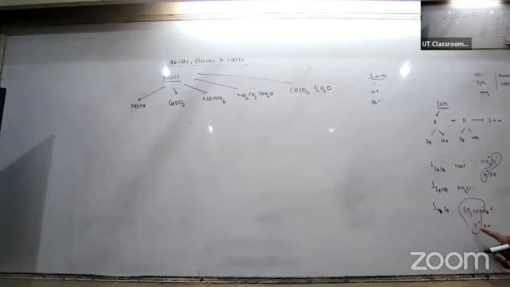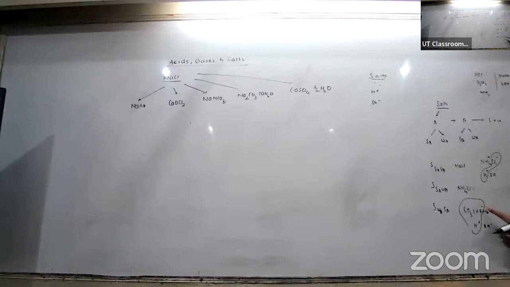Acetic acid, weak acid. Sodium hydroxide, strong base. Right? Sodium hydroxide is a strong base. Acetic acid is not strong, so weak acid. See, the acetate ions and H plus ions formed acetic acid, and here sodium hydroxide, which is a strong base, weak acid.